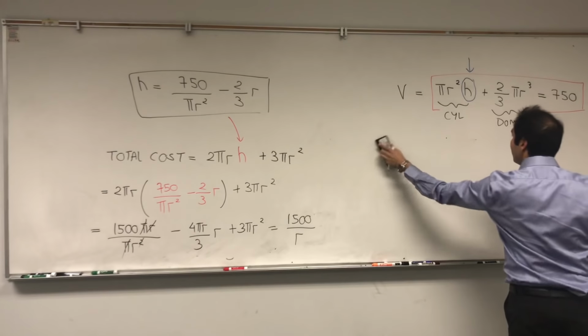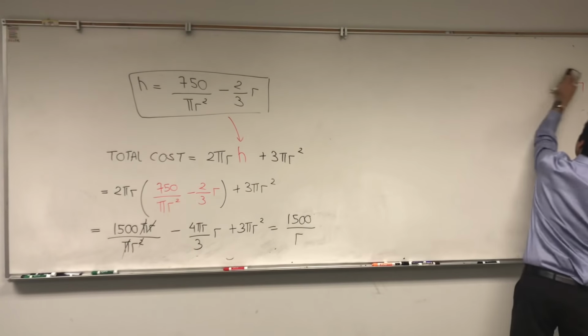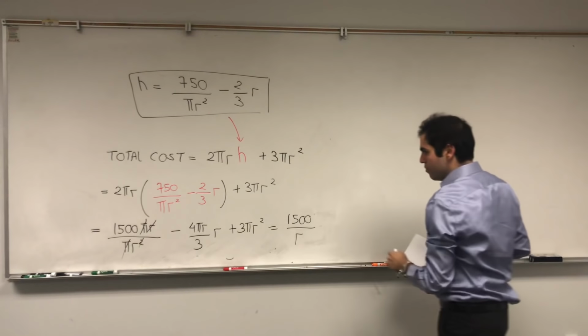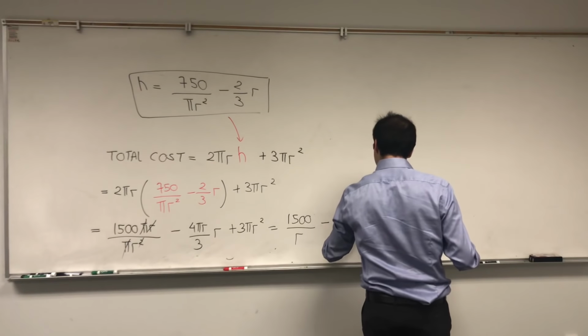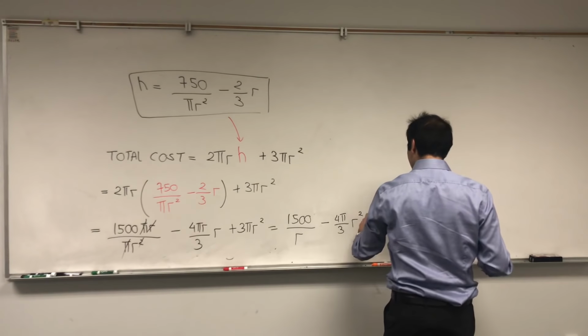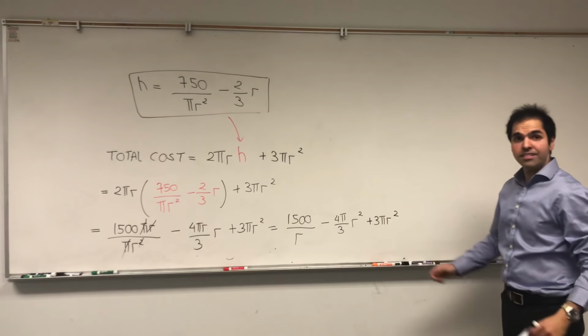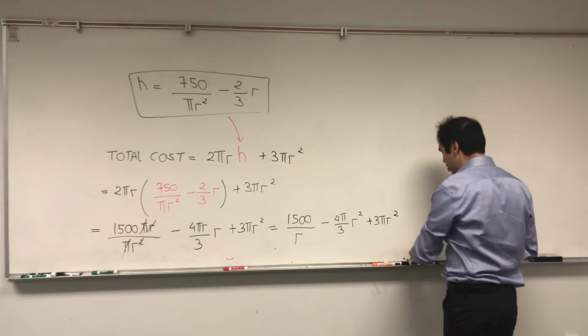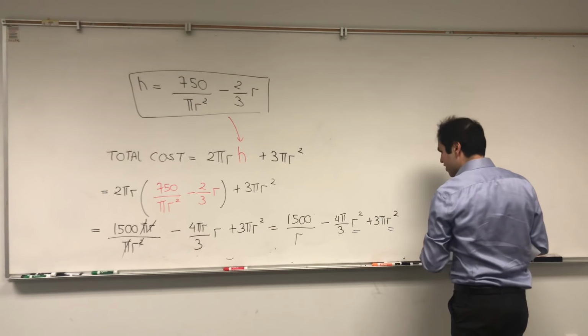Erase that as well. Luckily, we won't need that anymore. Minus 4/3 pi r squared, and then plus 3 pi r squared, which is quite nice. There is this common factor of r squared here, which means we can simplify things a little bit.